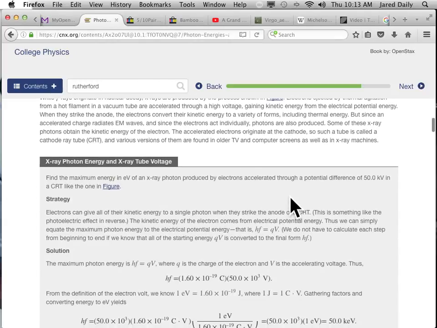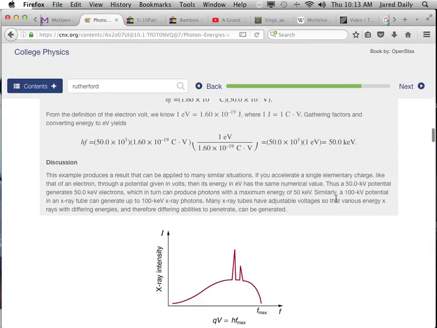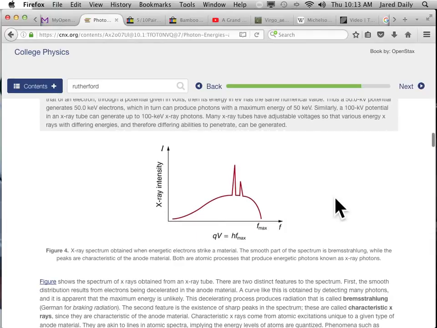But the idea there is that the kinetic energy of those electrons gets turned into light energy. It gets converted into X-ray energy emitted by the target when the electrons slow down. Now this is what it would look like. This is what your X-ray spectrum would look like coming off of some particular anode material, a metal that you're hitting these electrons into.